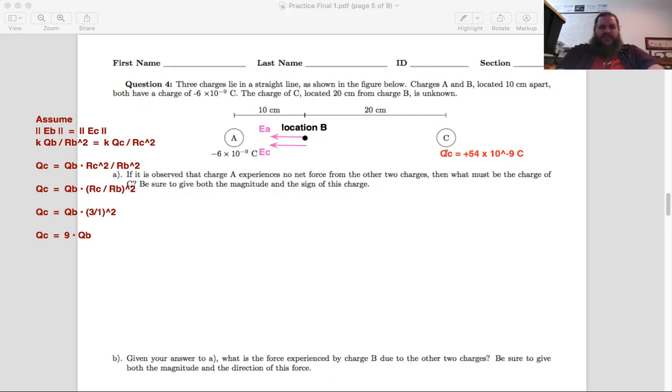So electric field is going to be kQA over rA squared plus kQC over rC squared. In this case, we can just add those magnitudes together because both vectors are in the exact same direction. They're parallel to each other, pointing in the same direction.